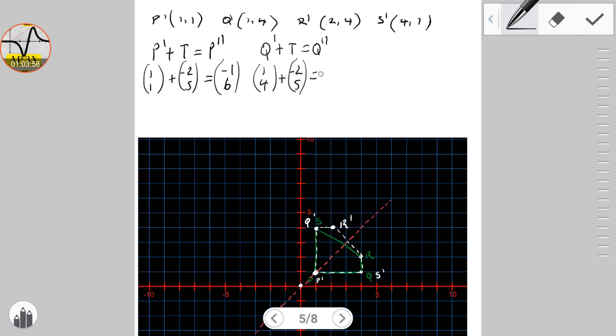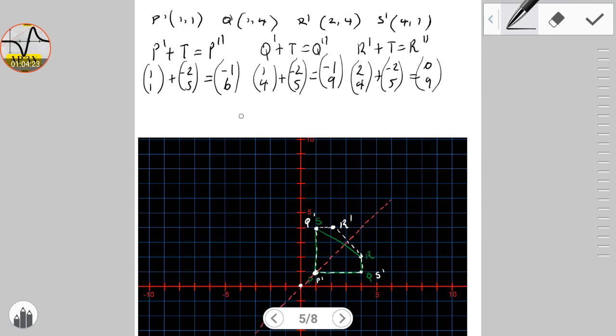So 1 plus negative 2 is negative 1 again, and 4 plus 5 is 9. Same procedure for R: R single prime plus the vector gives us R double prime. So 2, 4 added to minus 2, 5: 2 plus minus 2 is 0, and 4 plus 5 is 9.